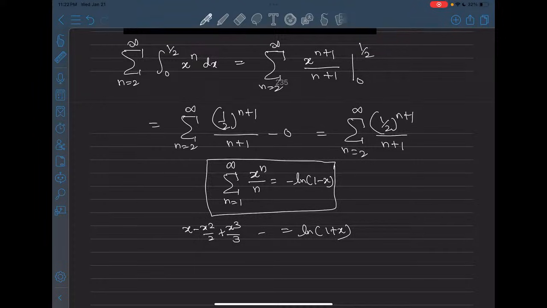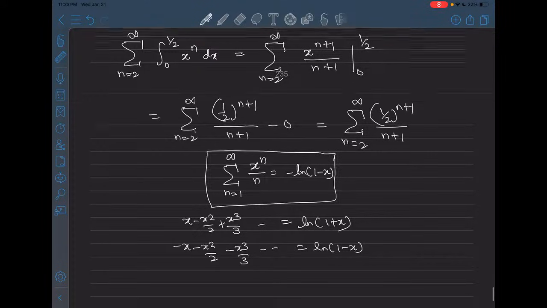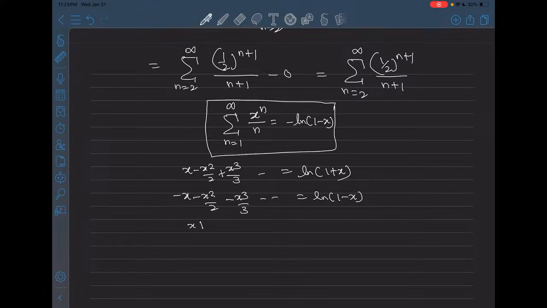Now if we make x minus x, everything is just minus, so this is ln of 1 minus x. And if I again multiply by minus, this whole thing is just minus ln of 1 minus x.